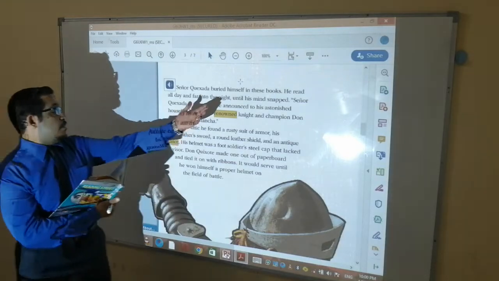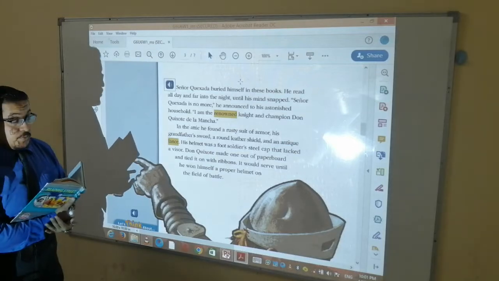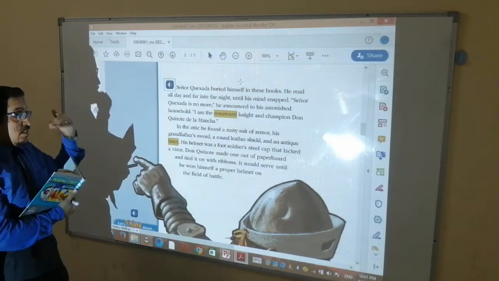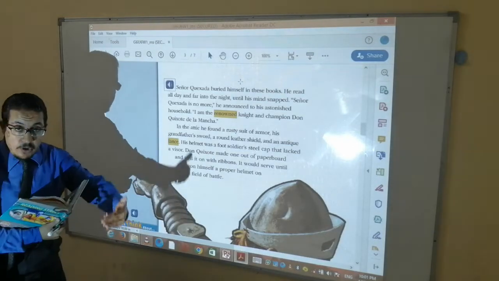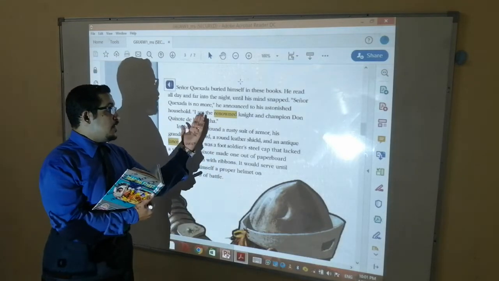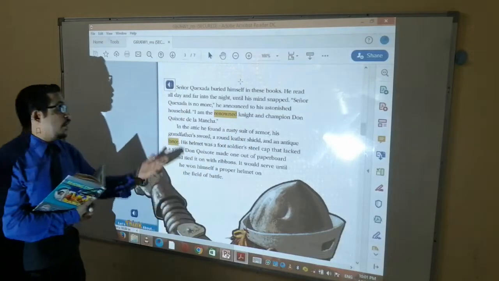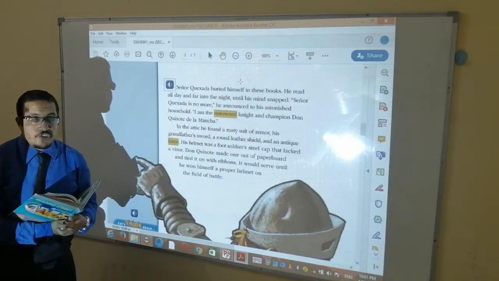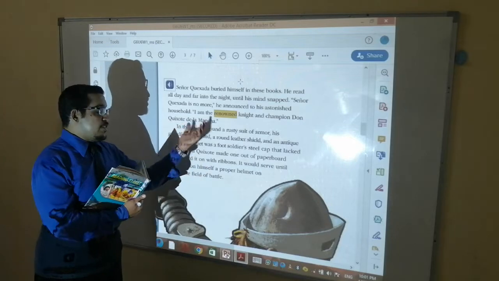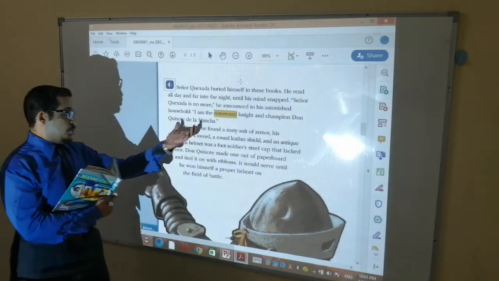He read all day and far into the night, until he imagined that he is Don Quixote. He said, I am the renowned knight and champion Don Quixote de la Mancha. As we can see, this language is Spanish. De la Mancha is a Spanish word.